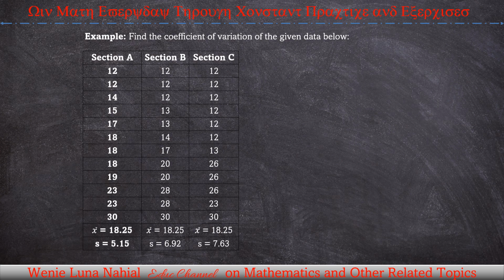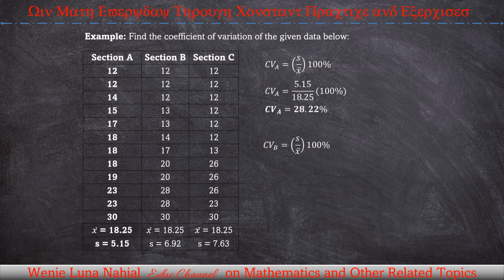So to get the coefficient of variation, for section A, we have the standard deviation 5.15 divided by the mean of 18.25, then multiply that by 100%. You will get 28.22%.